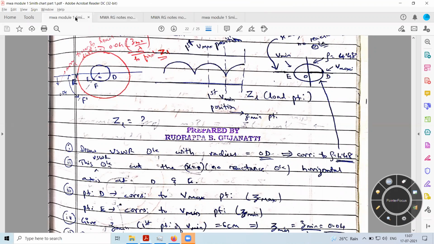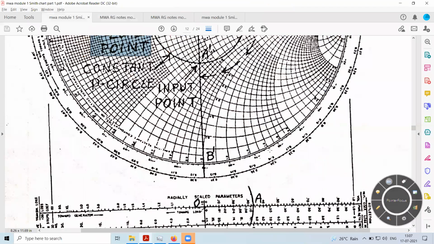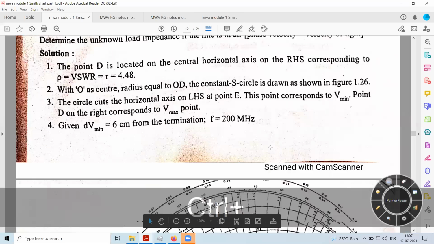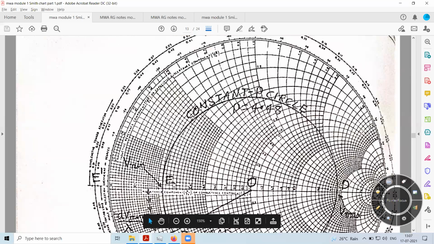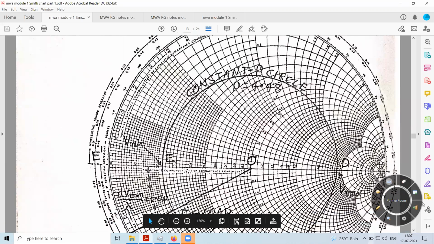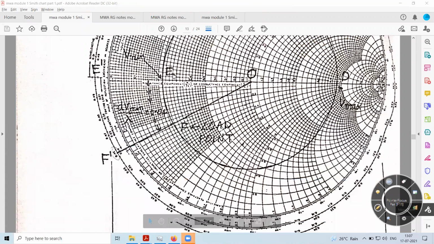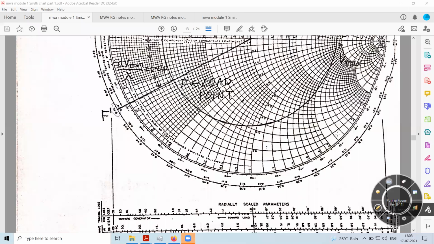So this circle they have drawn corresponds to the VSWR circle, which is equal to 4.48.